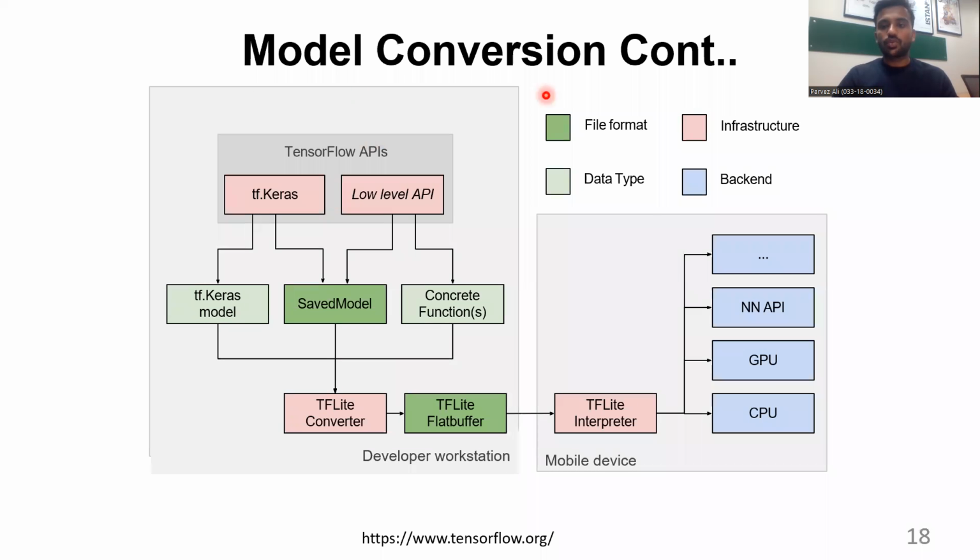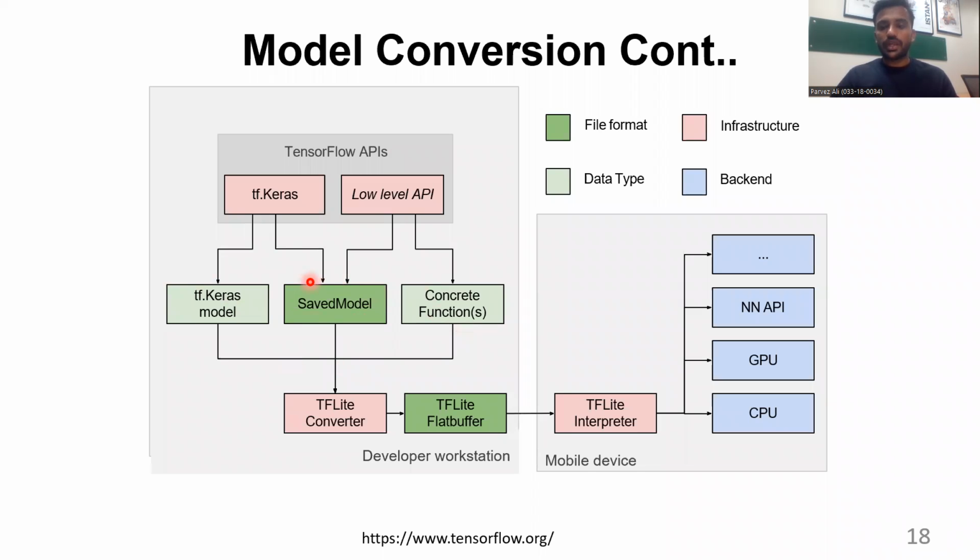This is the process to convert the trained model. There are 3 ways to convert the trained model into a TF-Lite model. One is to convert using a tf.keras model. The other one is to convert using a saved model. And the third one is to convert using concrete functions. We will be using the saved model.